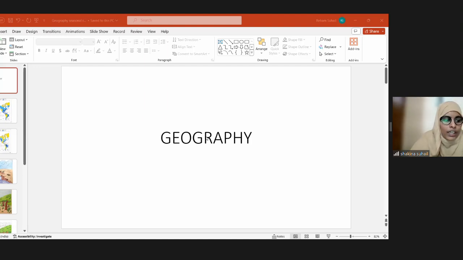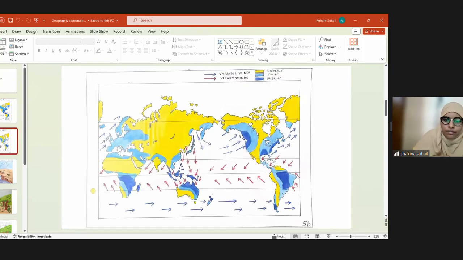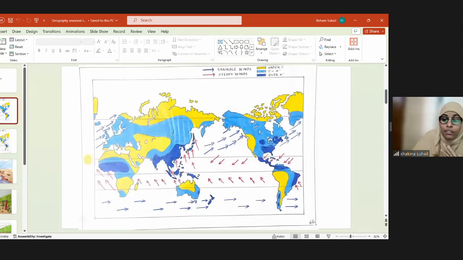And then the effect of moisture-laden air on land masses, depending on the time of the year. So the material that is required is chart 4A and 4B. Sorry, 4B and 5B.